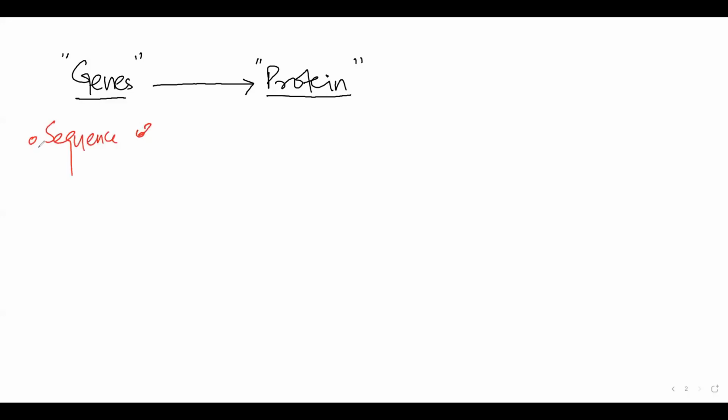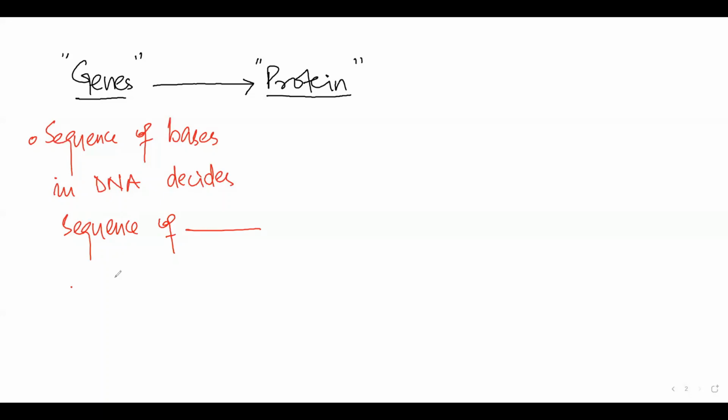Bases. Because gene is a part of DNA and DNA is made up of A, T, G, C. So the sequence of bases in DNA decides the sequence of what in protein?